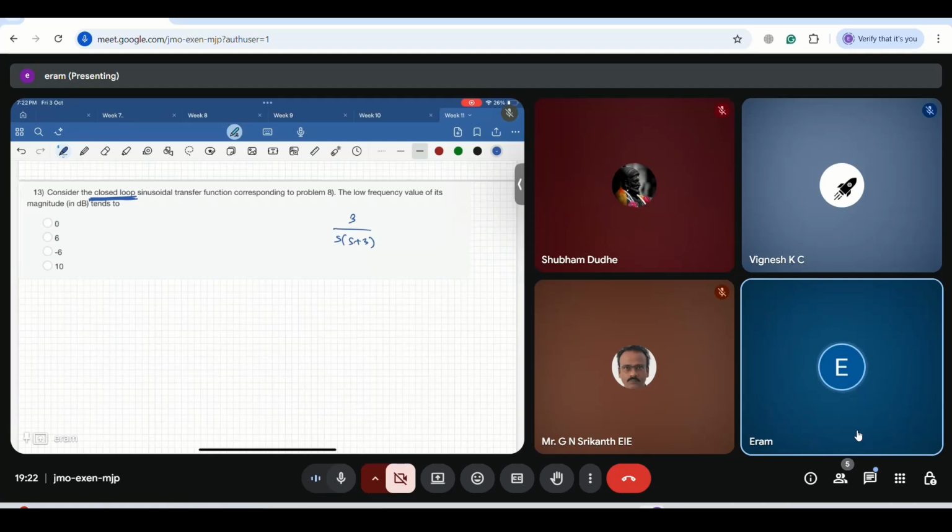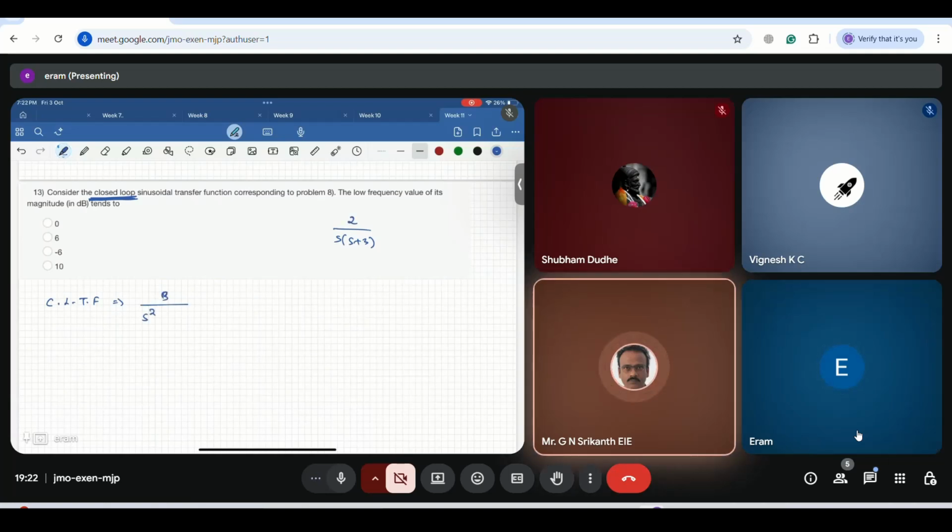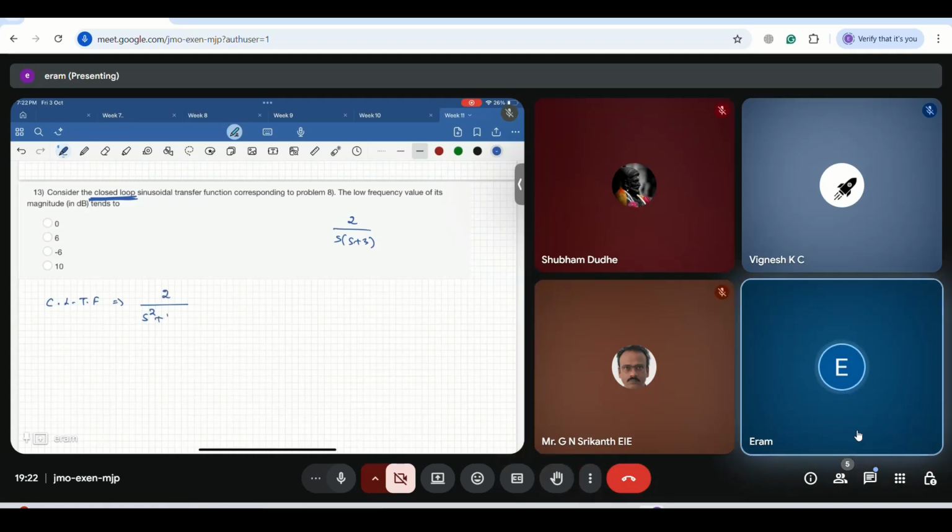2 by s into s plus 3 is your open loop transfer function. So the closed loop transfer function is 2 by s square plus 3s plus 2. So with j omega it will be 2 by 2 minus omega square plus 3j omega.